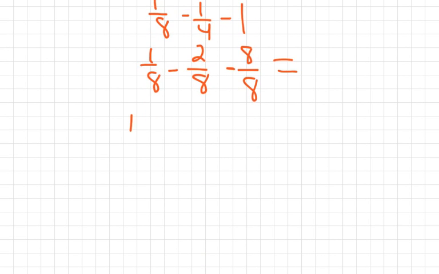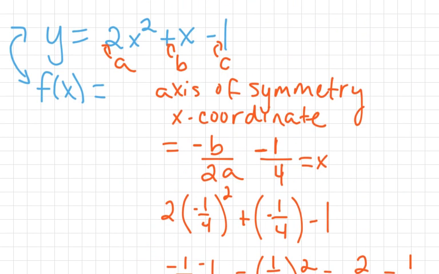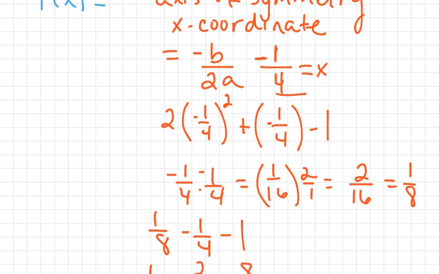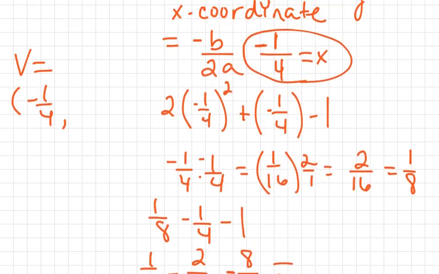I have 1 minus 2 minus 8, all over 8. 1 minus 2 is negative 1. Negative 1 minus 8 is negative 9/8. That's my y value. So my vertex will be negative 1/4, and my y value we found was negative 9/8.